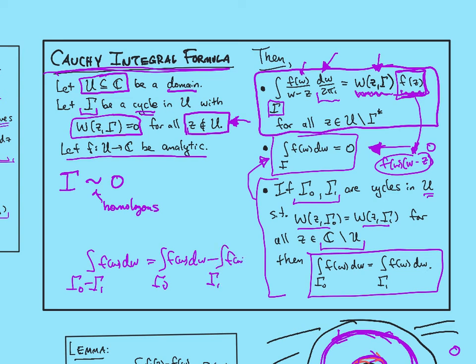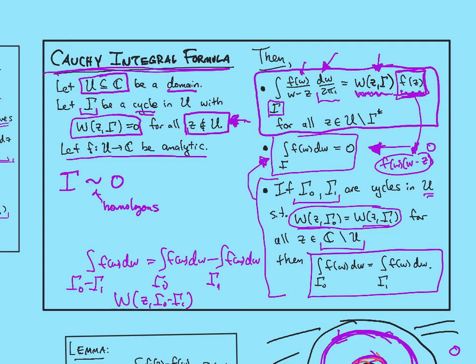The algebra on the cycles is completely formal, but it just transfers to the usual algebra you'd expect with respect to integrals. So this condition here would just mean that the winding numbers of this difference would satisfy the condition up above, and so it would follow from this second part of the theorem.